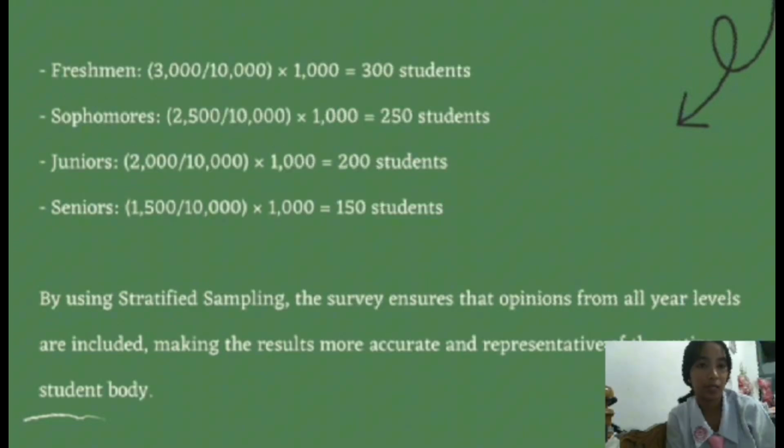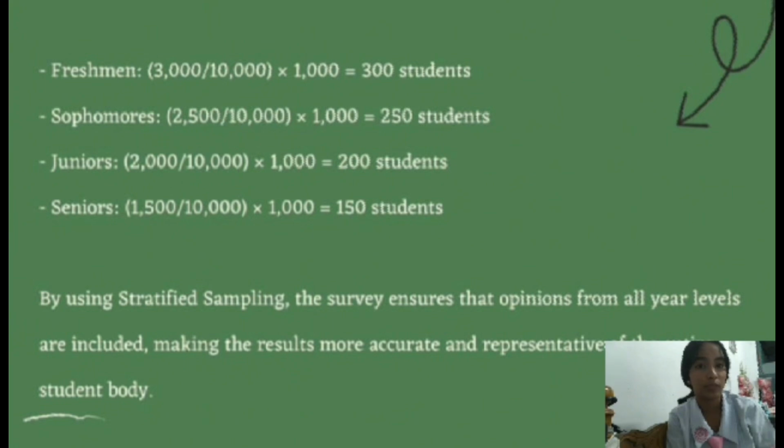If they want to survey 1,000 students, they will select participants proportionally from each year level. Freshmen, 3,000 divided by 10,000 times 1,000 equals 300 students. Sophomores, 2,500 divided by 10,000 times 1,000 equals 250 students.